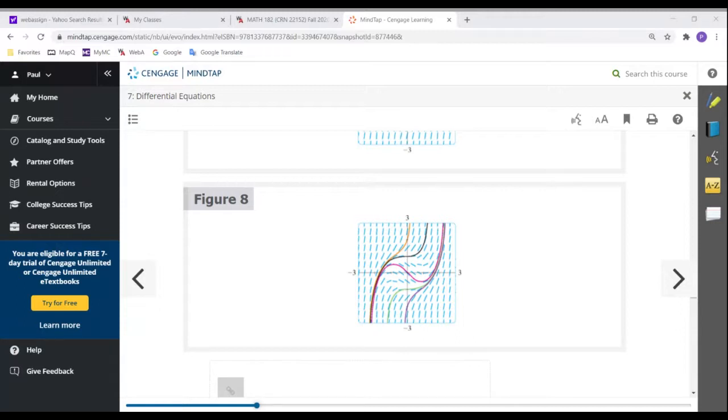Well, you know what? Tina thinks it's cool, but she doesn't want to draw it herself. We have computer programs that can draw these direction fields. When you go into Math 282, you have to take differential equations, and there'll be a program you can use to graph the direction field.